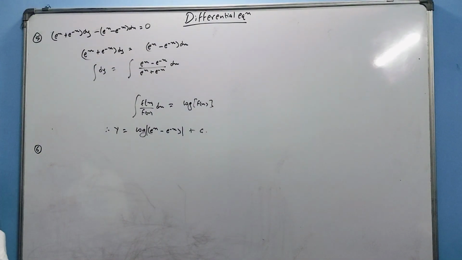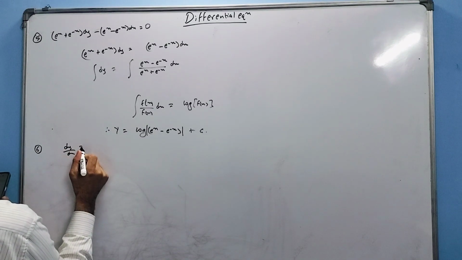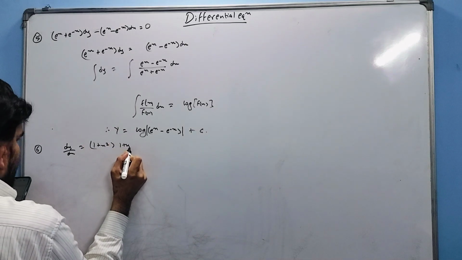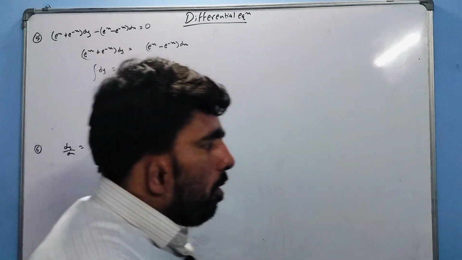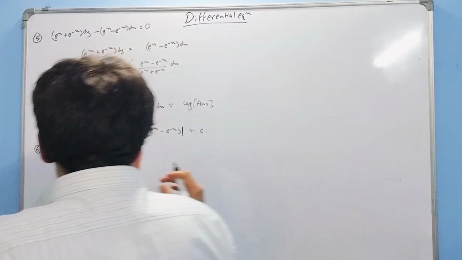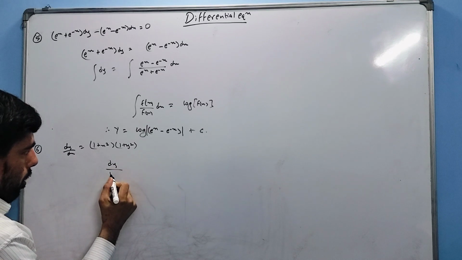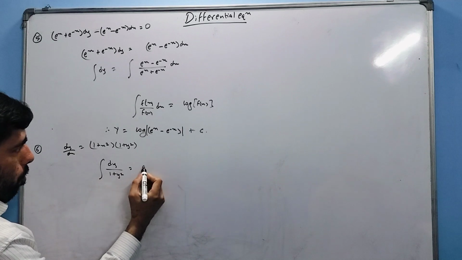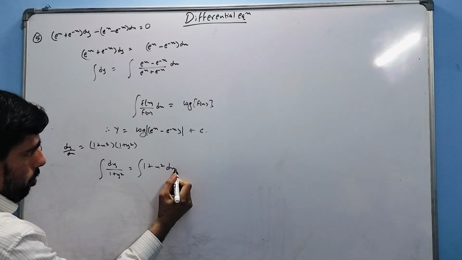The sixth question we have is dy/dx = (1 + x²)(1 + y²). So now, in a very simple way, if we need to integrate, we will write dy/(1 + y²) = (1 + x²) dx.